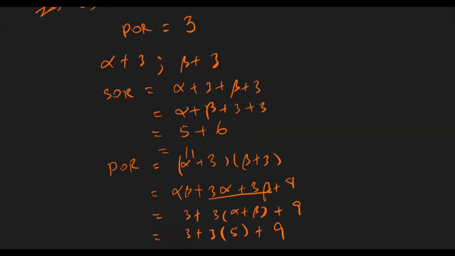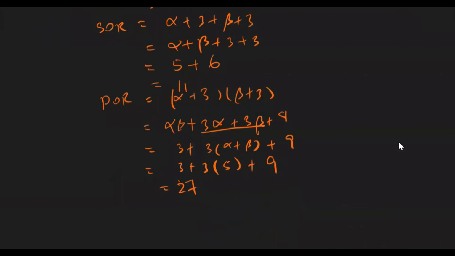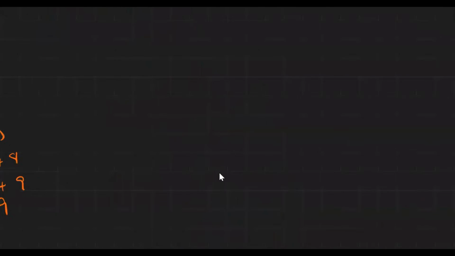And that equals 27. Therefore, your quadratic equation is x squared minus 11x plus 27 equals 0.